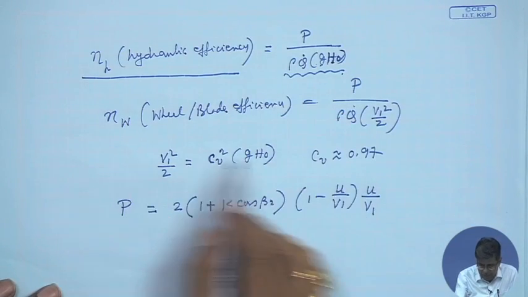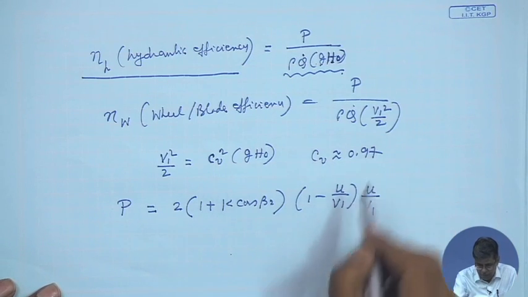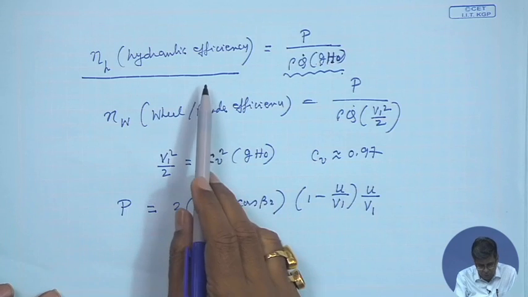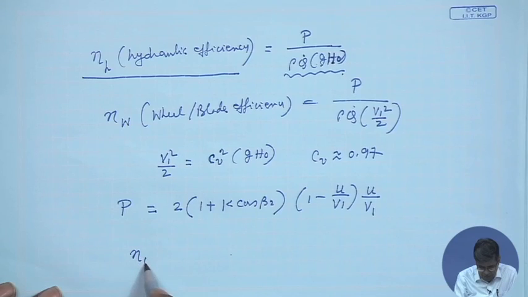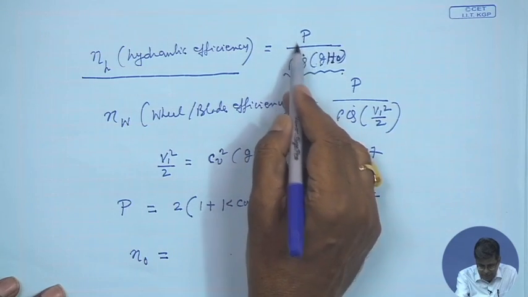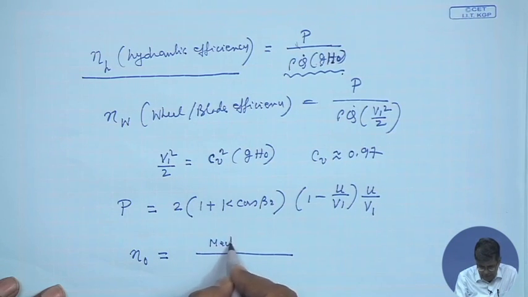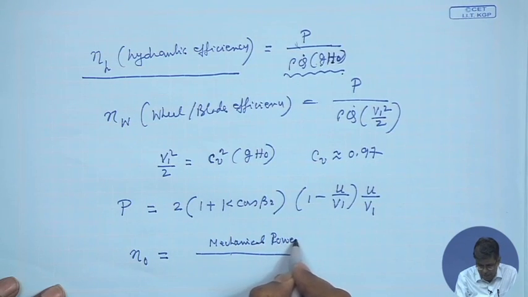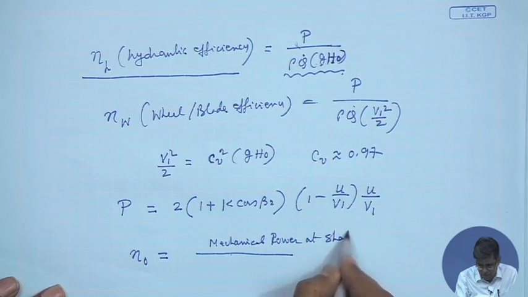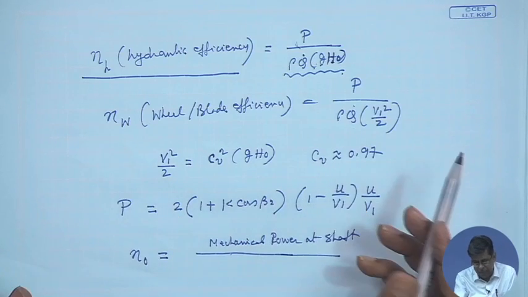This is the hydraulic efficiency, and this is the wheel efficiency. The wheel efficiency becomes maximum when u by V1 reaches 0.5, but this is not so for hydraulic efficiency because there is a little loss, and for overall efficiency this will be changed again. For overall efficiency, we define on the basis of mechanical power at shaft, while the input may be this or this, depending upon the purpose.